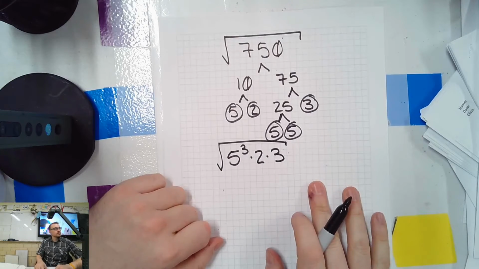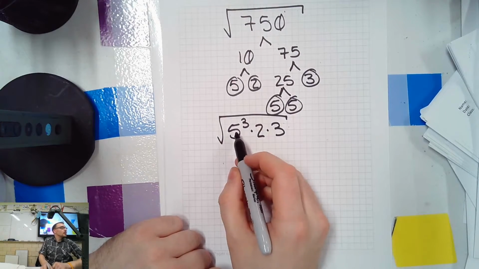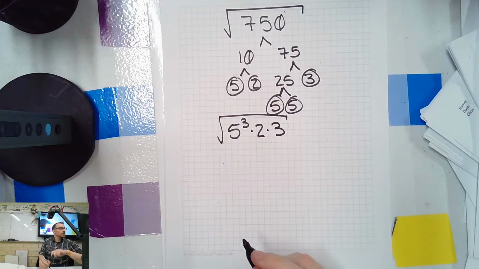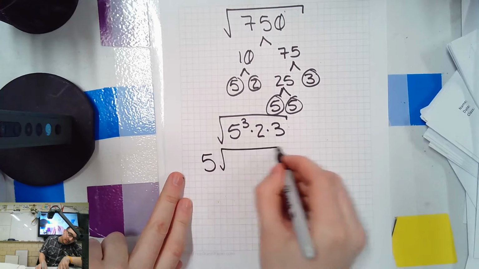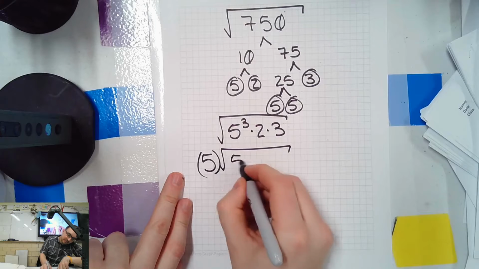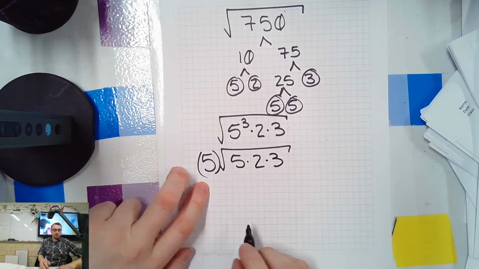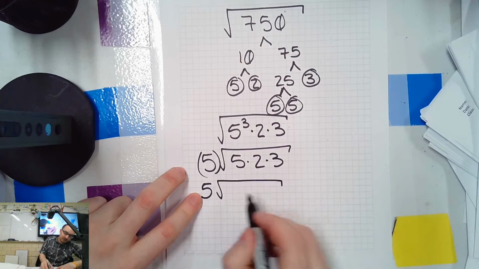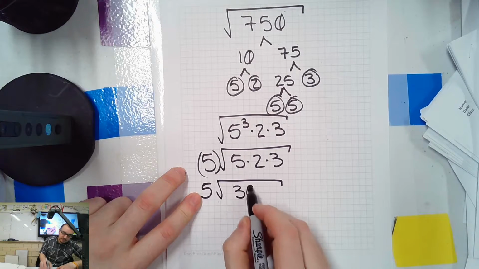That's three 5s. One dies, one gets out, one gets left over. And when you're out, you multiply. Nothing to multiply with, so he does it himself. That's 5 root 30.